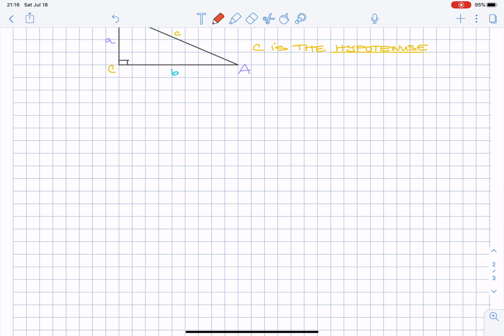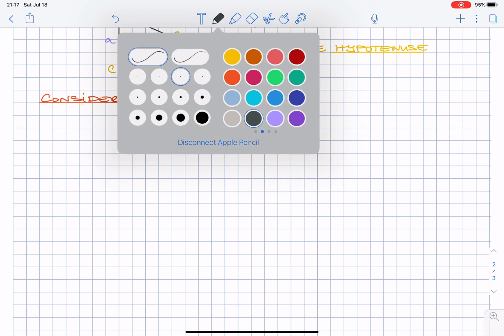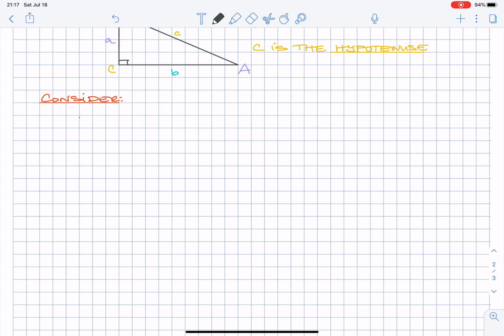So let's consider, let's say I have a triangle with two sides that are the same. Let's see, 1, 2, 3, 4 boxes, 1, 2, 3, 4 boxes. So something like so. I want both sides to have the same length. And of course it's a right triangle.